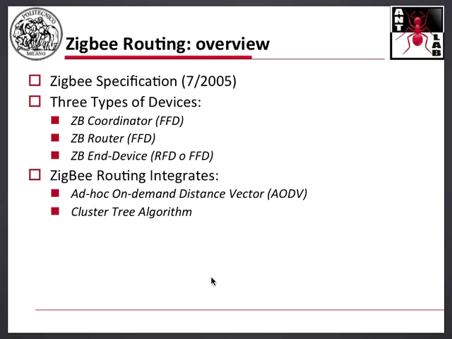And as you will see, the tree which this protocol creates is rooted at the ZigBee coordinator. So the ZigBee coordinator is the root, the first node of the tree, and then all the other nodes use paths to deliver information which follow a tree.